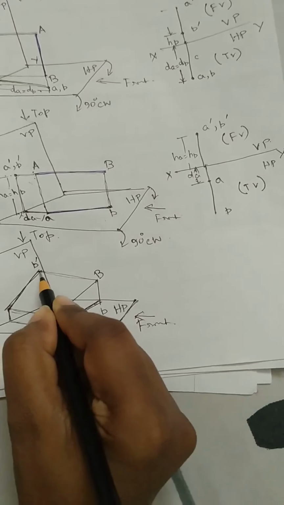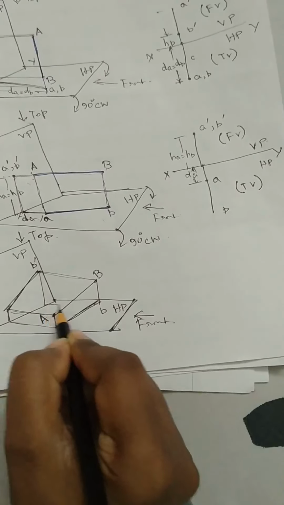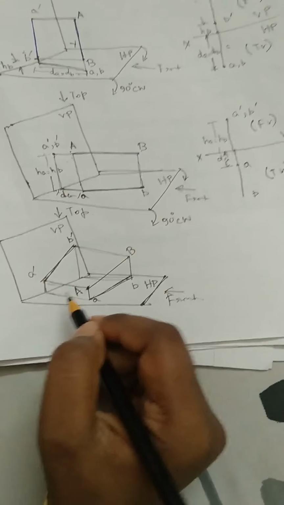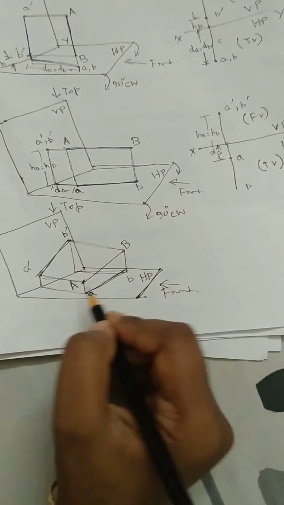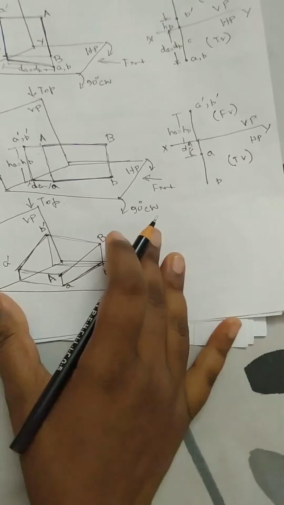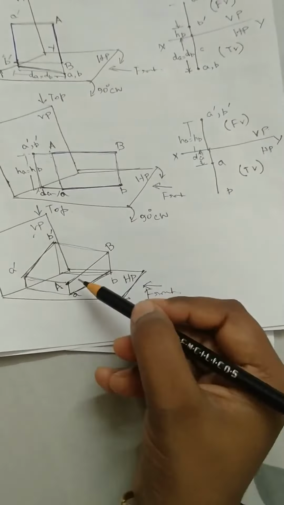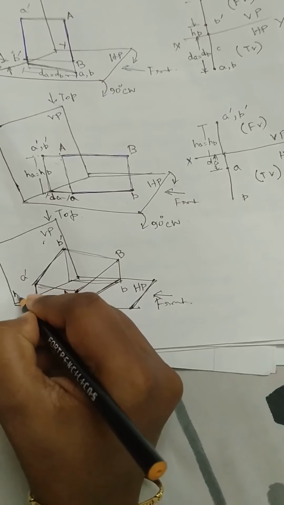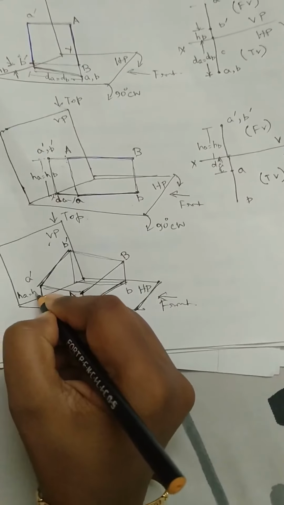We will project this one also and this one also. Actually, it is not seen in the picture, but it has to be the same for both cases because AB is parallel to both HP and VP. So this length we will say HA equal to HB.